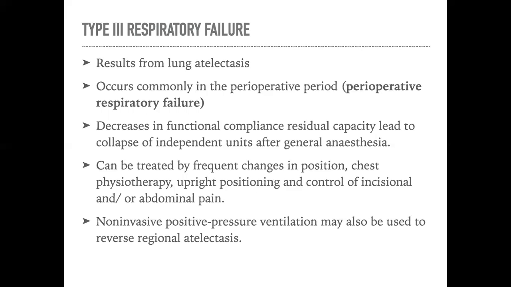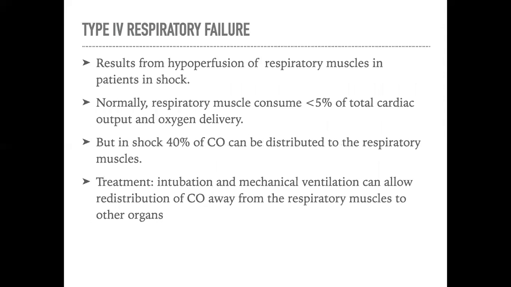This can be prevented or treated by frequent changes in position, chest physiotherapy, upright positioning, and control of incisional or abdominal pain, so the patient would have the drive to take deep breaths. Again, treatment would be non-invasive positive pressure ventilation to reverse regional atelectasis.